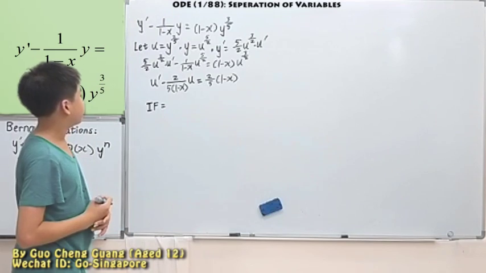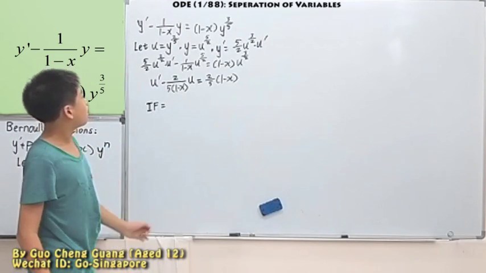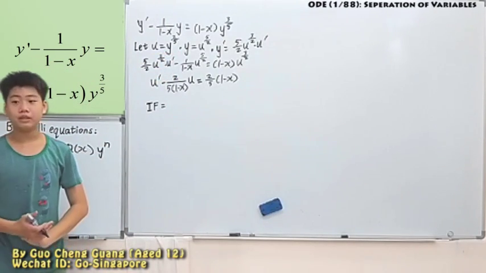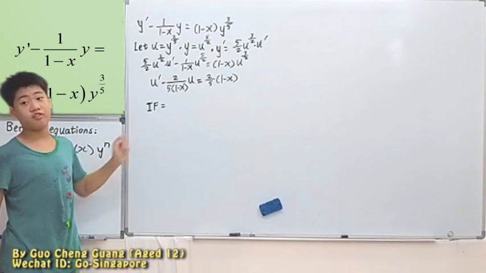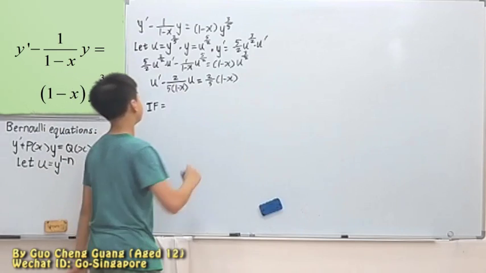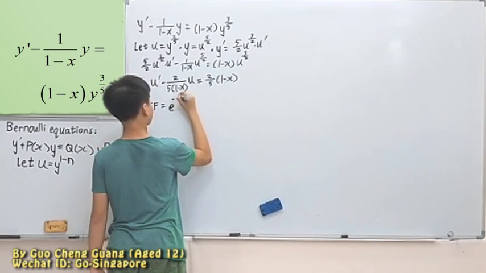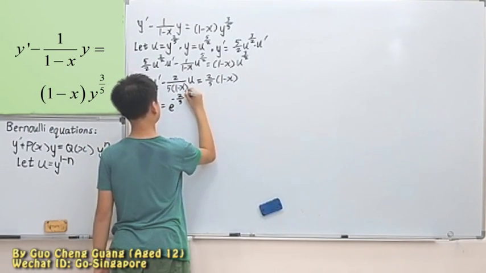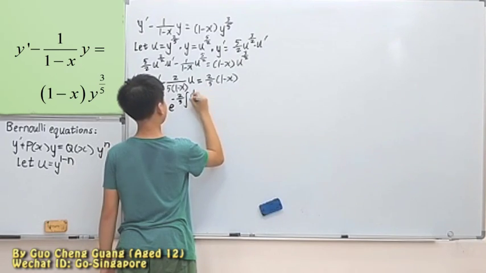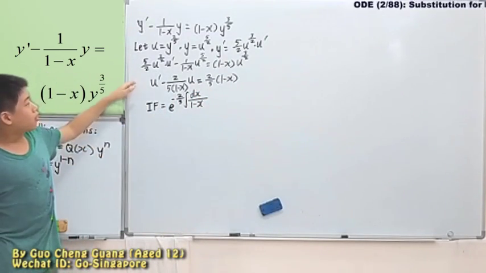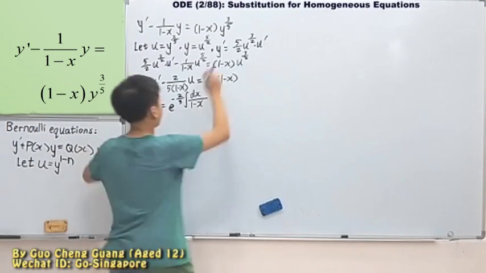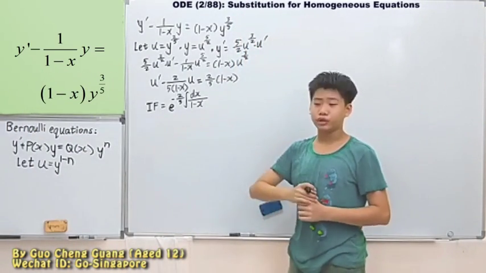Now in this form, we can use the integrating factor, the IF. But wait, think about this. What changes have happened to allow us to use the integrating factor? Think about it. Okay, so the answer is coming up. What allowed us is, at first, this is non-linear.